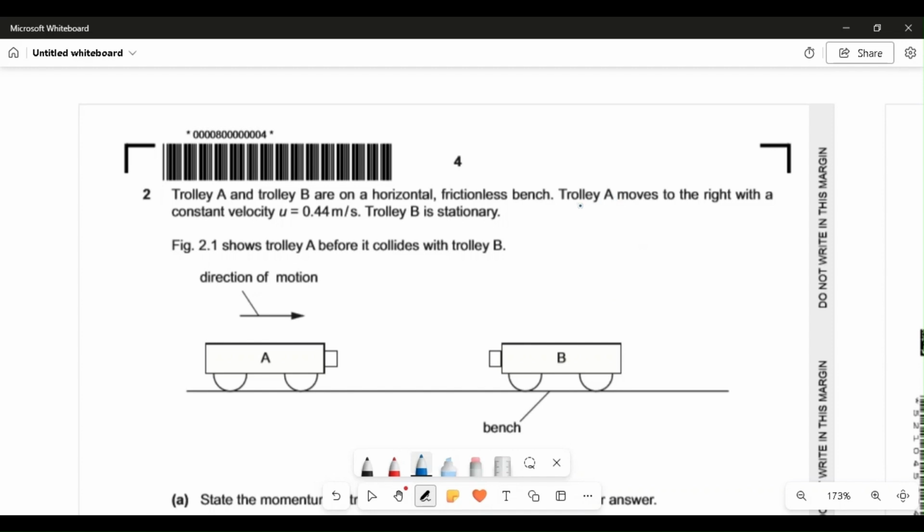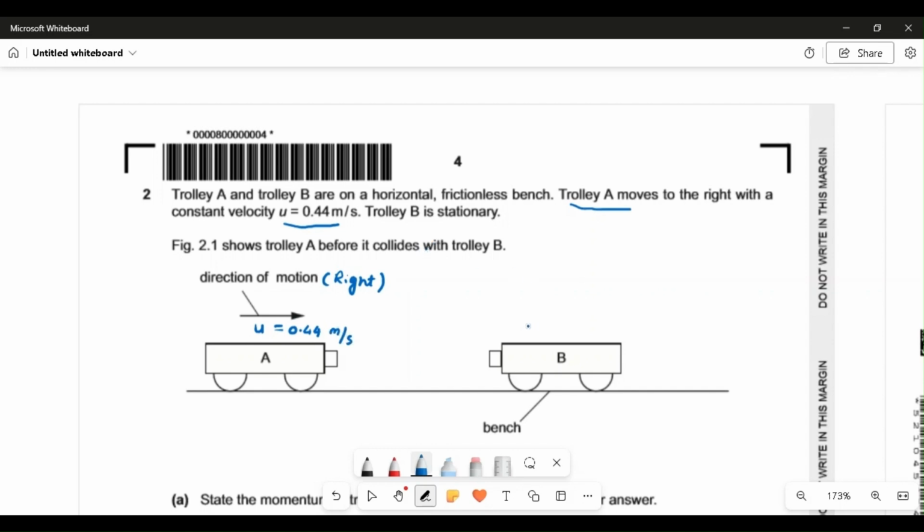Trolley A is moving to the right with a constant velocity mentioned as 0.44, so I can simply say u is equal to 0.44 meter per second.